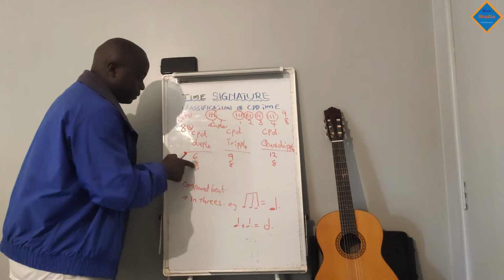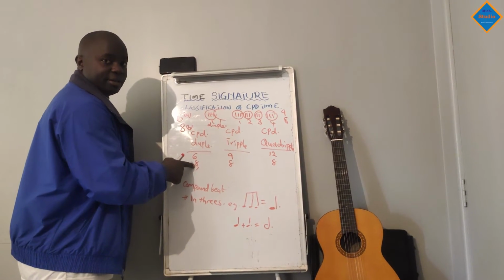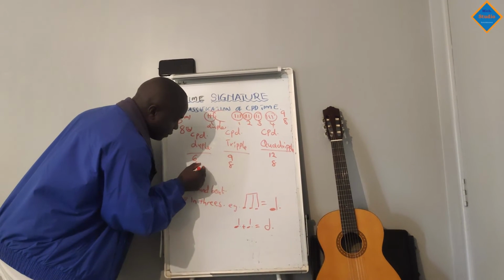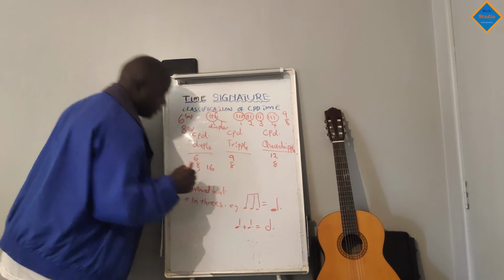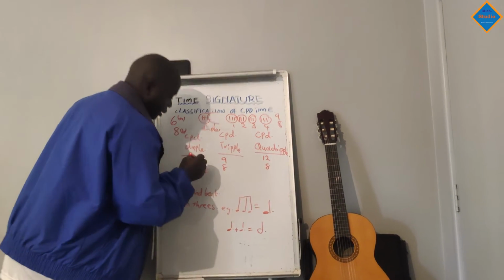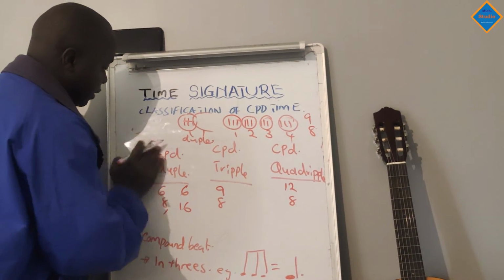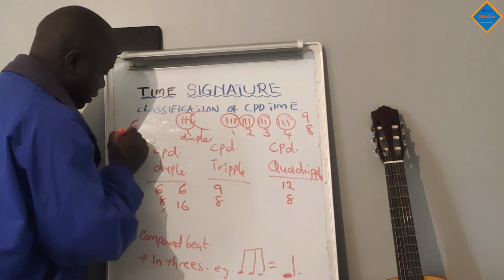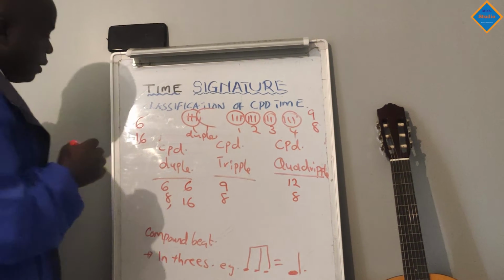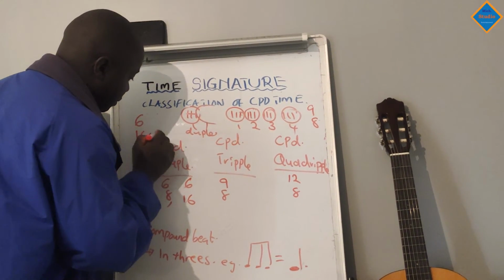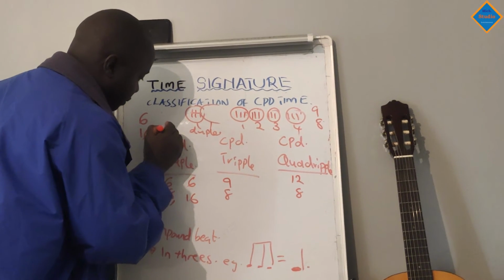In case the beat is derived from a semiquaver, the bottom number will now be 16. For example, 6/16 means the beat belongs to semiquavers.